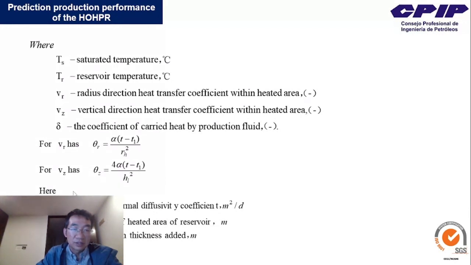Here, the lambda means reservoir thermal diffusivity coefficient, and RH is the radius of the heated area of the reservoir, and HL means the formation thickness added.